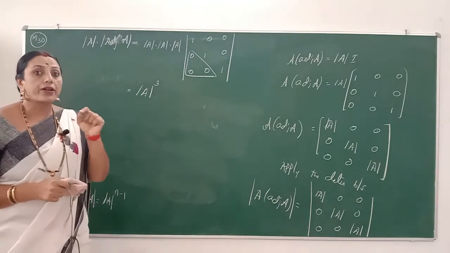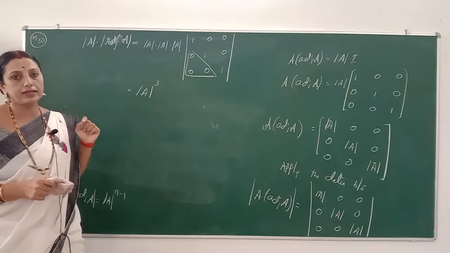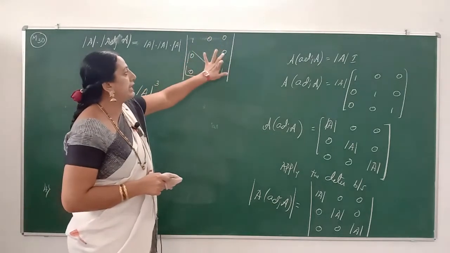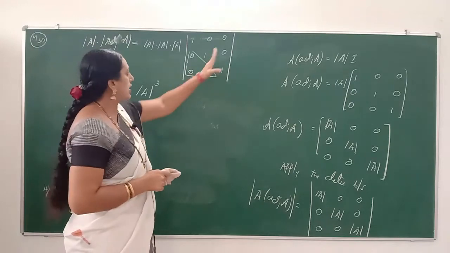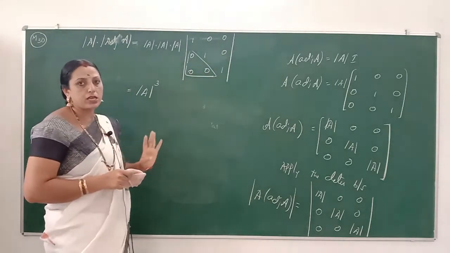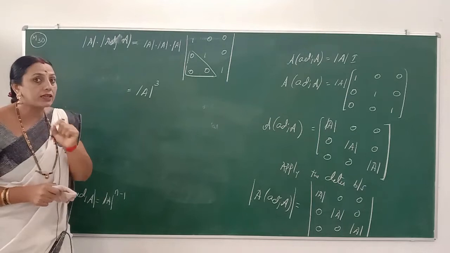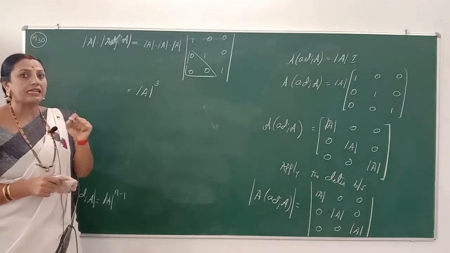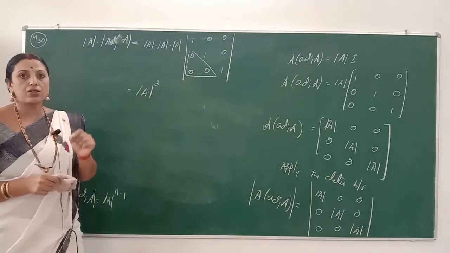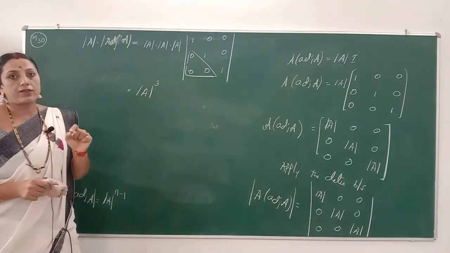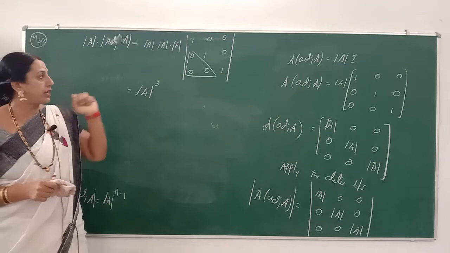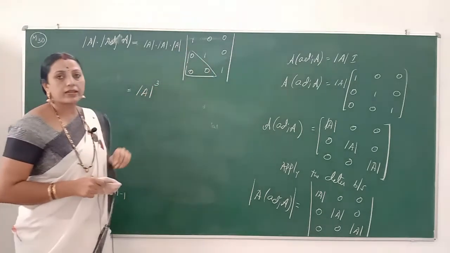It's the product of the principal diagonal elements. It is enough if at least one side of the leading diagonal has 0s, but in this case both sides are 0. Therefore, the value of the determinant is the product of the principal diagonal elements.